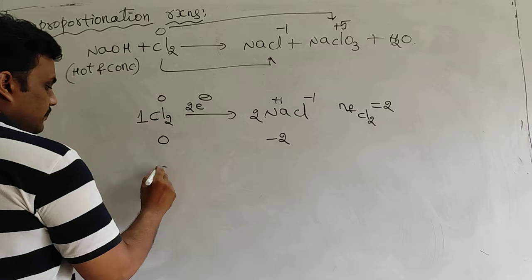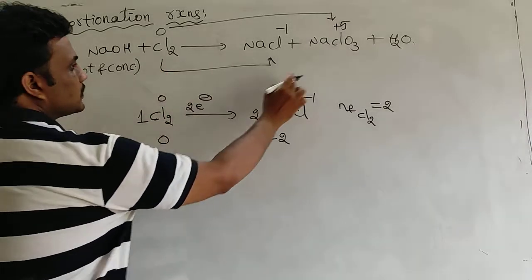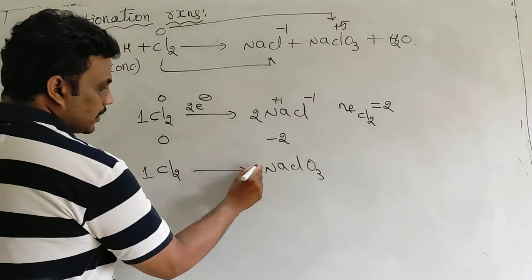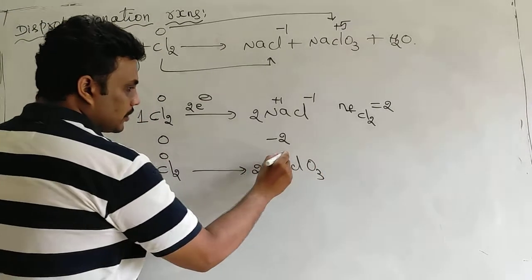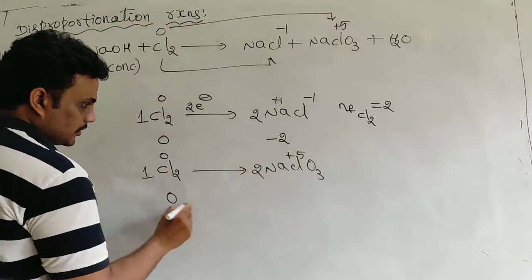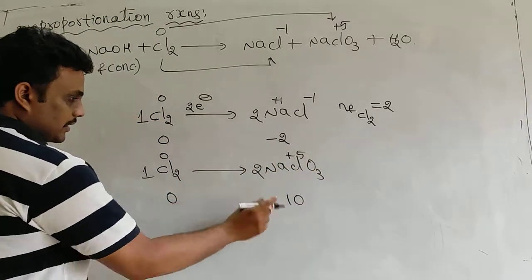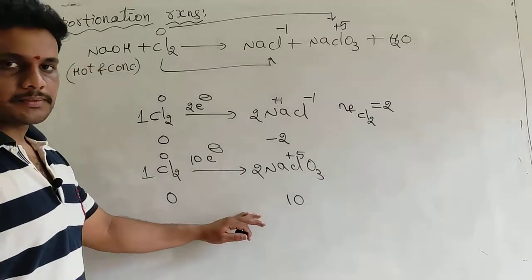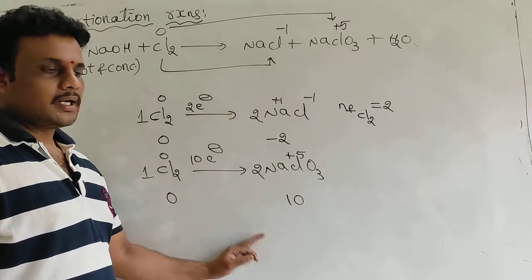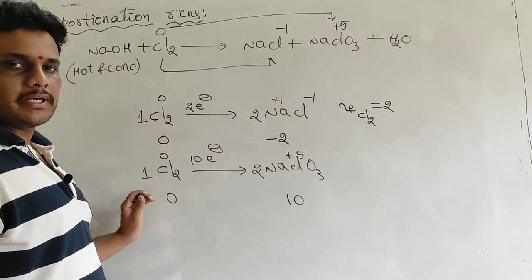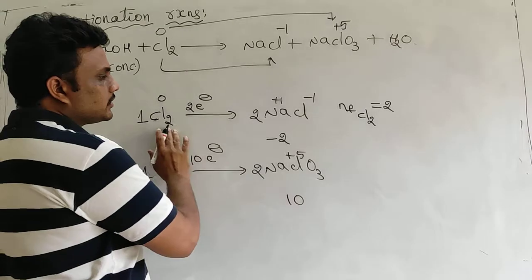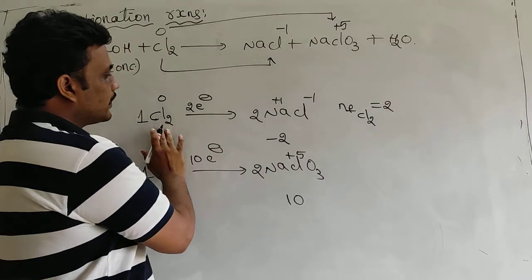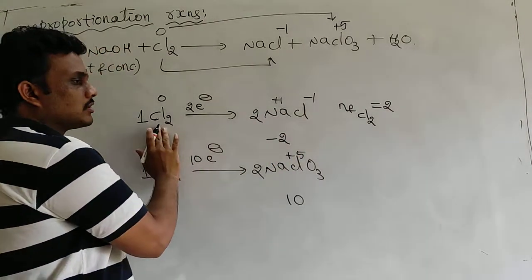Now in another step, chlorine is converted into NaClO3. 1 mole of chlorine, 2 chlorines, take 2 here. 0 and +5. So 2 into 0 is 0, 2 into 5 is 10. So the difference is coming 10. This difference is always calculated by taking 1 mole of the oxidizing agent or reducing agent. When chlorine is changed to Cl minus, this is reduction. So when chlorine undergoes reduction, it acts as the oxidizing agent.